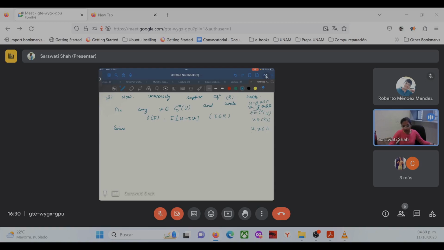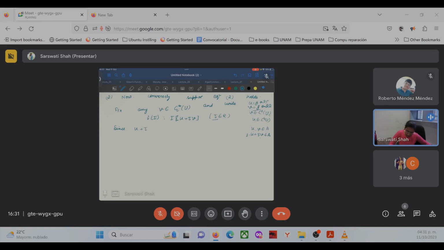And if u and v are coming from this admissible set, then any linear combination u plus tau v, where tau is a real number, will also belong to this admissible set, because u is C2, v is C2, so their linear combination is going to be C2. u equals z and v equals z on ∂Ω, so their linear combination is also going to be z on ∂Ω. So this will be coming from the admissible set.